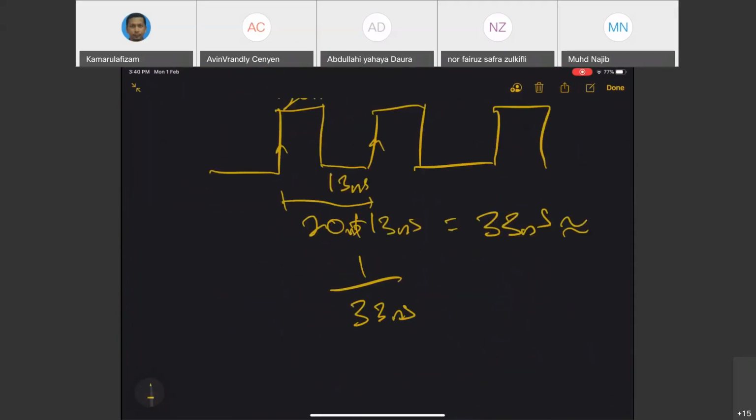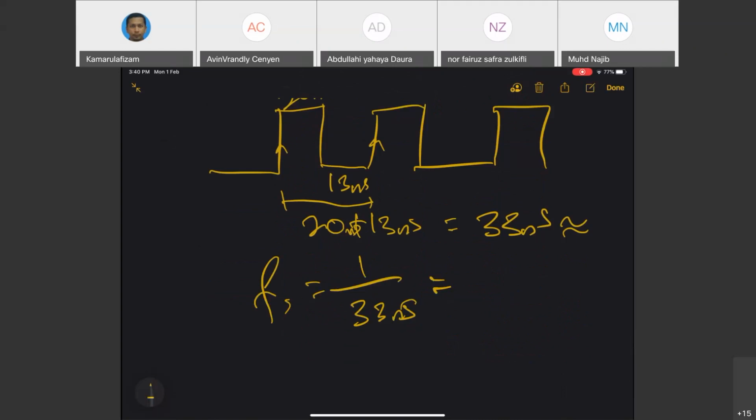1/33 nanosecond. Berapa frequency? Can somebody calculate for me? We are trying to get the switching frequency. Tolong kira, guys. 0.03. 0.03 what? 1/33 nanosecond. Sorry.